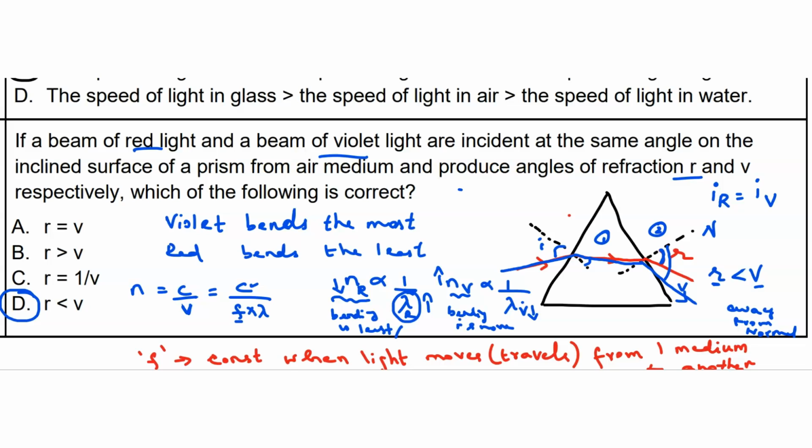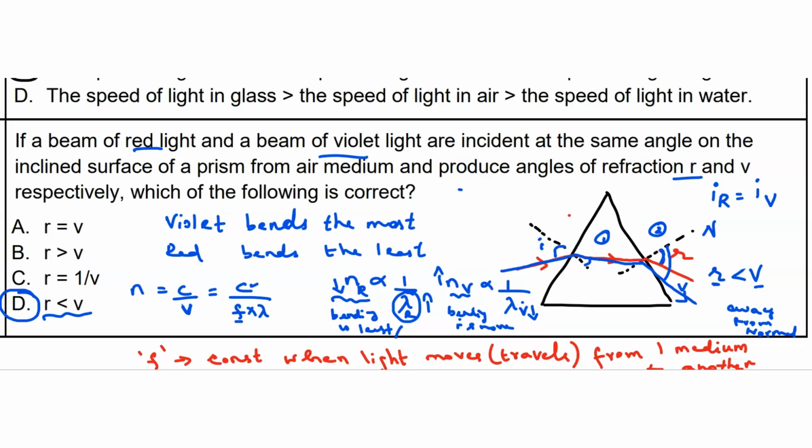But we are calculating the angle between the normal and the refracted ray. Since it undergoes the second refraction from denser to rarer medium, its angle will be more. So we can say this to be the correct answer. So the angle of refraction for the red color is smaller than the angle of refraction for the violet color.